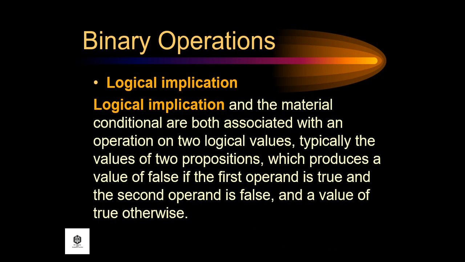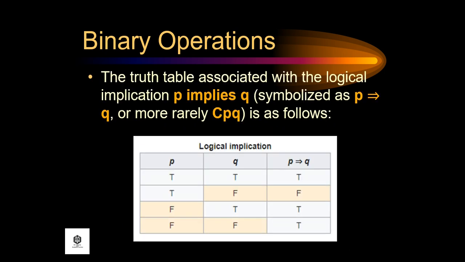Next is the logical implication. Logical implication and the material conditional are both associated with an operation on two logical values, typically the values of two propositions, which produces a value of false if the first operand is true and the second operand is false, and a value of true otherwise.